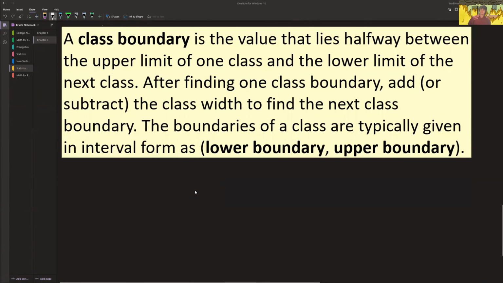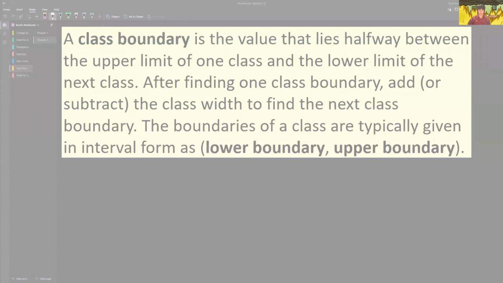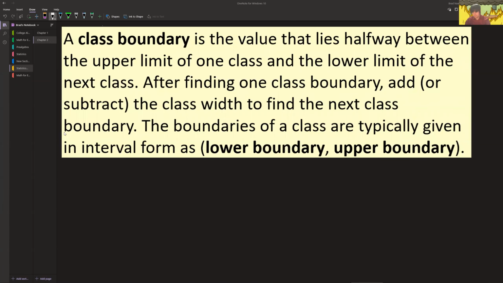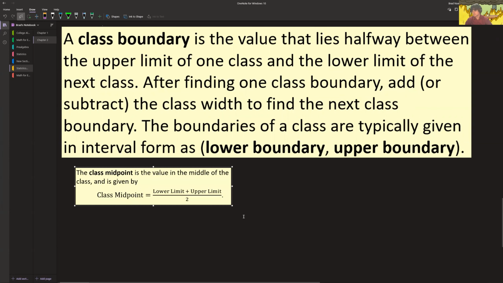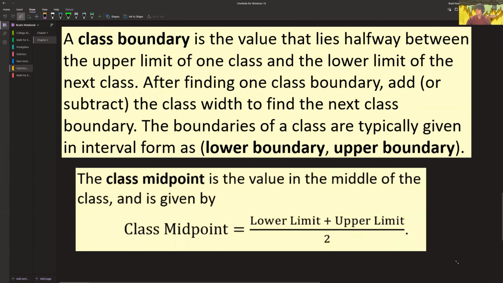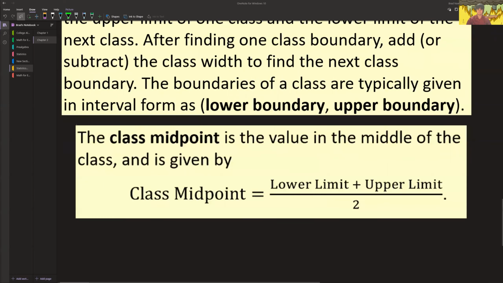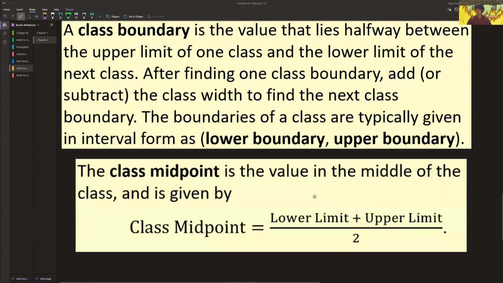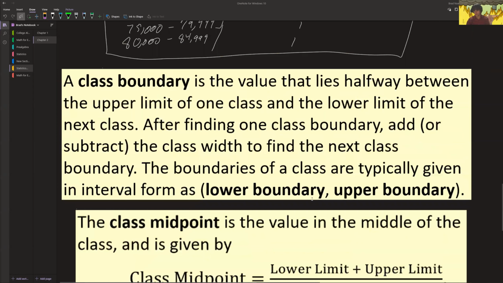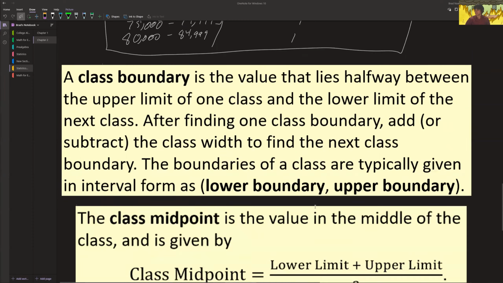Now, if you want to find the class midpoint, the class midpoint is simply the average of our lower and our upper limits. If you are paying attention here, you'll also note that if my lower limit went down by 0.5 and my upper limit went up by 0.5, those cancel out.